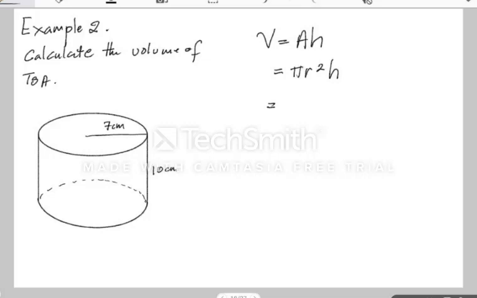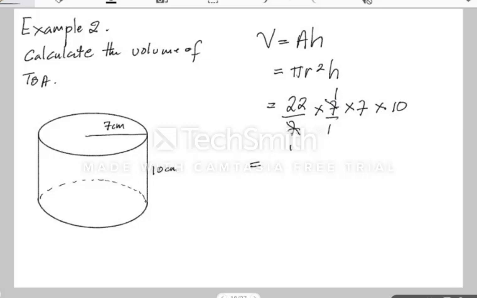All right, so everybody should know that pi is approximately equal to 22 over 7, times the radius, which is what? 7. Times what? 7 again, because it's radius squared, times the height, which is 10. All right, let's cancel the 7.